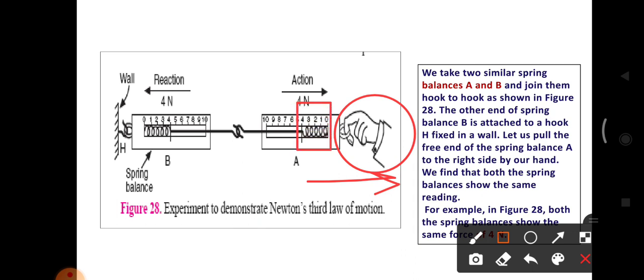See the reading here and the reading here. B shows 4 Newton and A also shows 4 Newton. So the spring balances show the same force, 4 Newton.